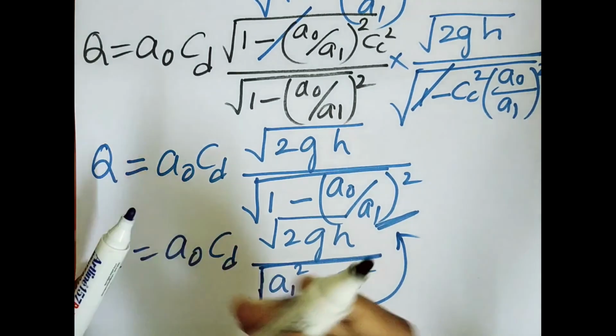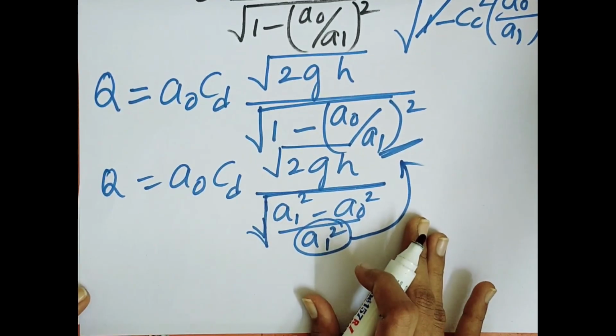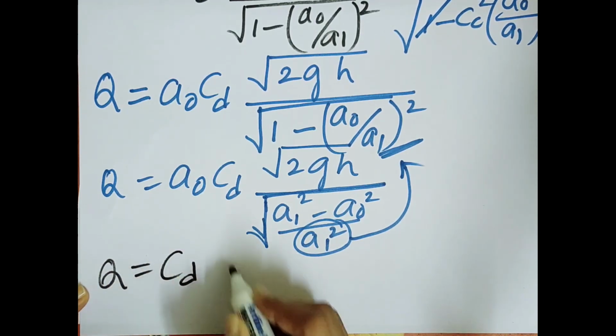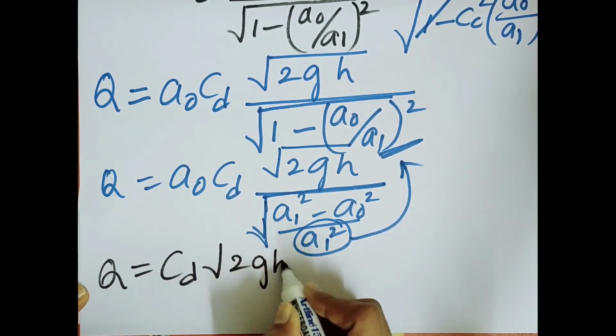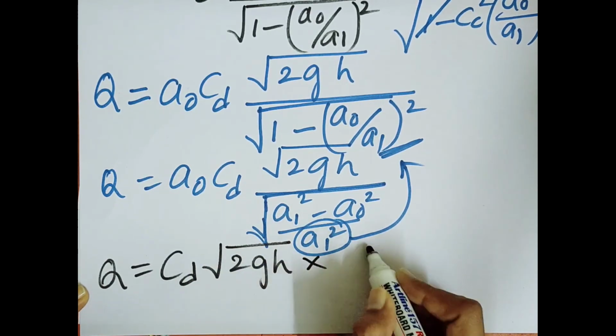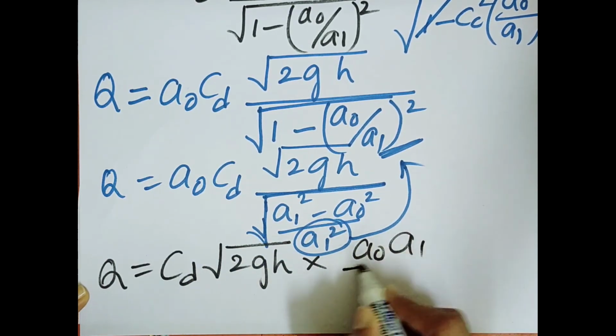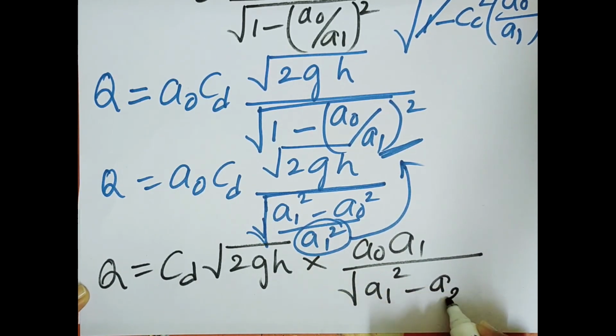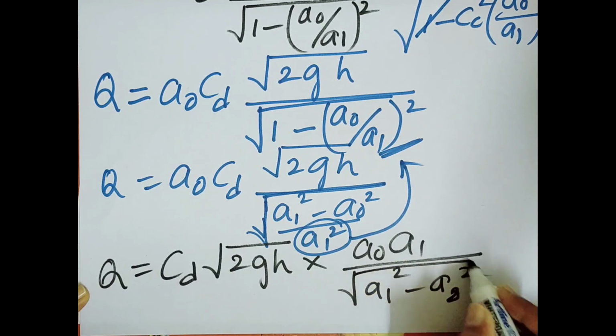So ultimately you will get the discharge equation Q is equal to Cd into root 2GH into A0 A1 divided by square root of A1 square minus A0 square.